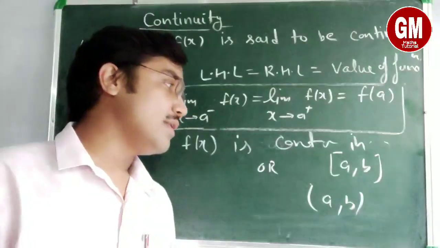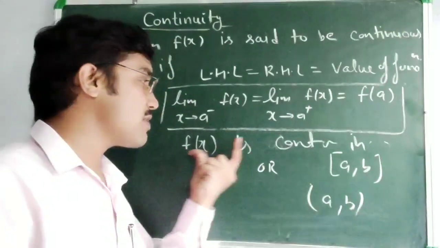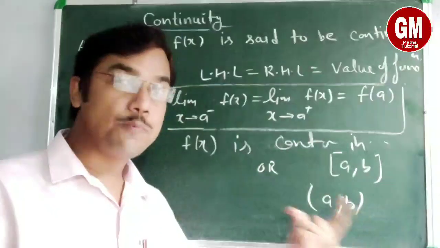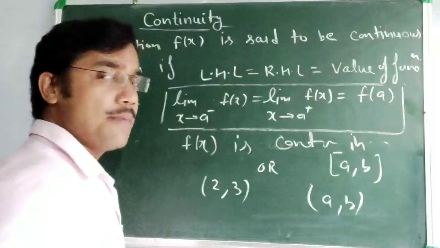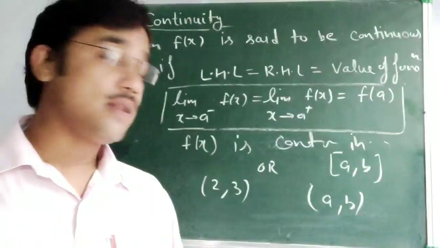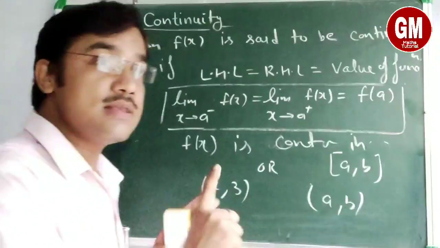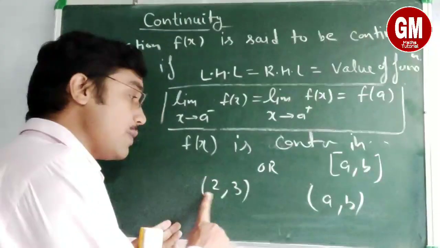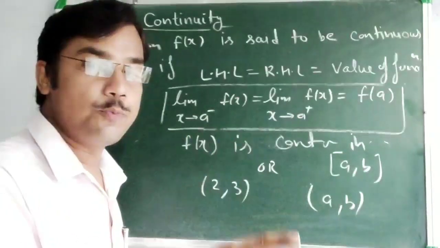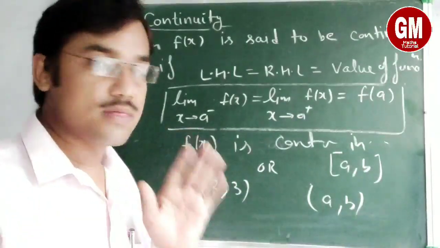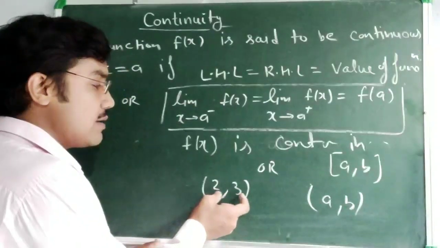First of all, when an open interval is given, say something like (2, 3), and we have to check the continuity of f(x) in it, we check at one point between them.